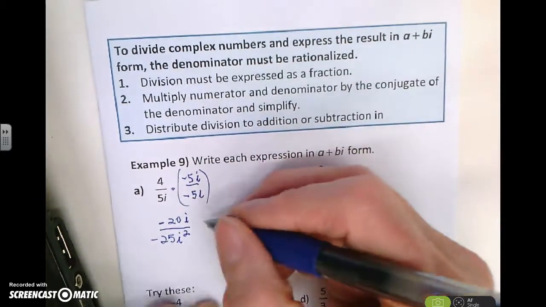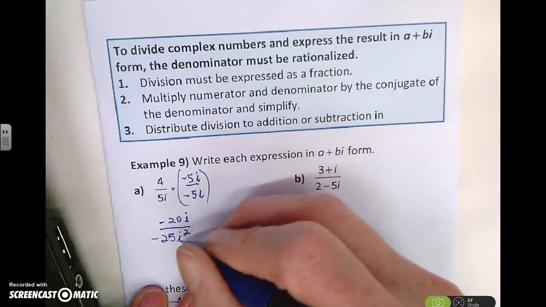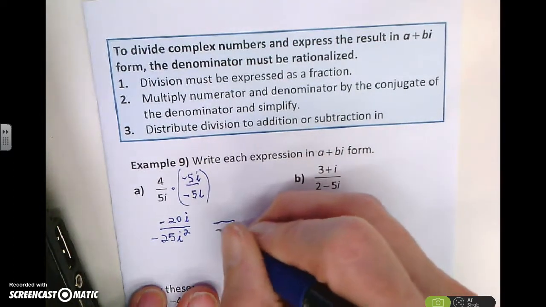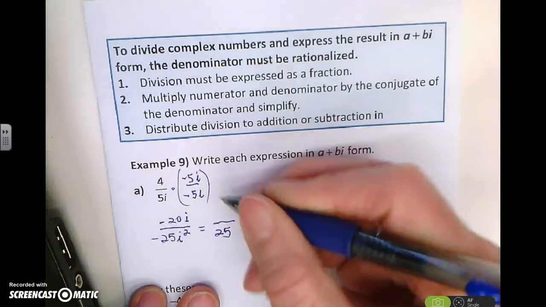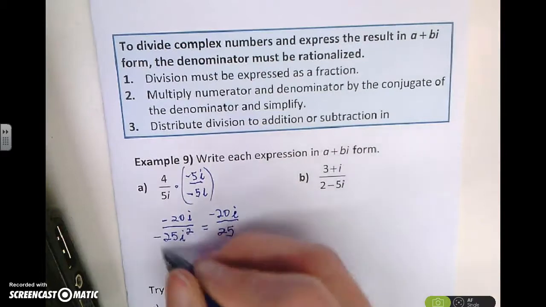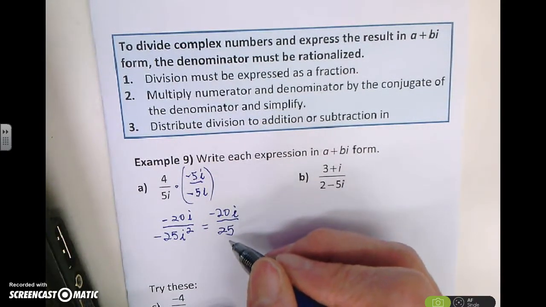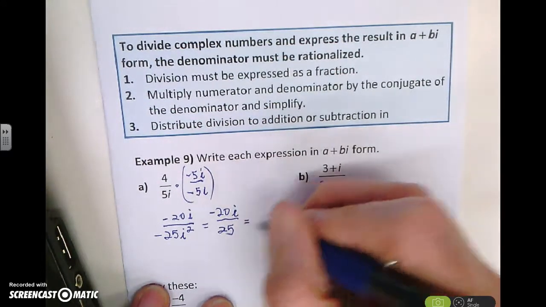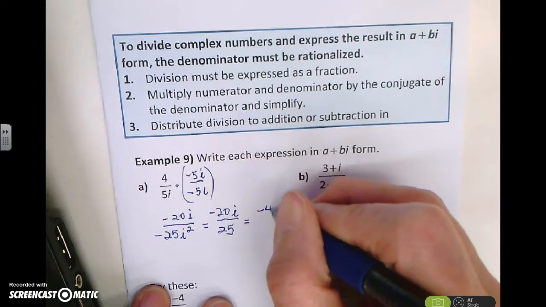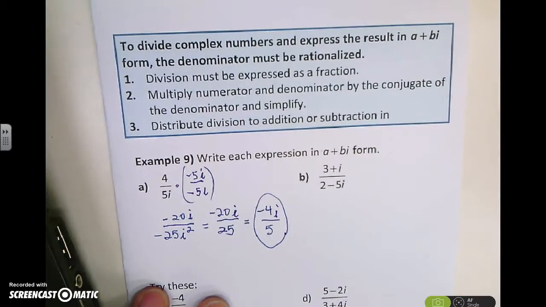And so then i squared is equal to -1. So that's going to make this be plus 25. So I have a negative 20i over plus 25. And now I'm going to reduce this fraction by dividing by 5, and it's going to give me a negative 4i over 5 for my answer.